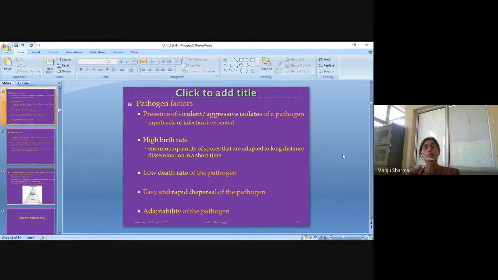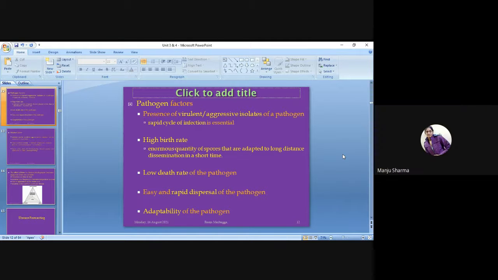Next are the pathogen factors: presence of virulent, aggressive isolates of a pathogen. A rapid cycle of infection is essential, with a high birth rate and an enormous quantity of spores adapted to long-distance dissemination in a short time.